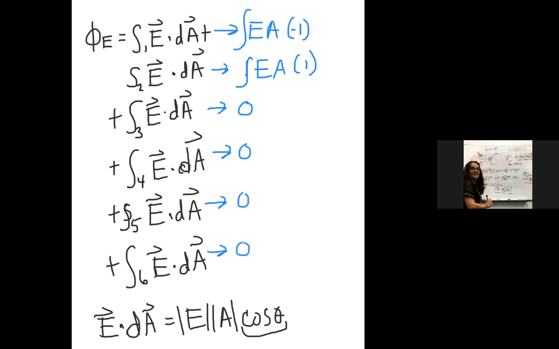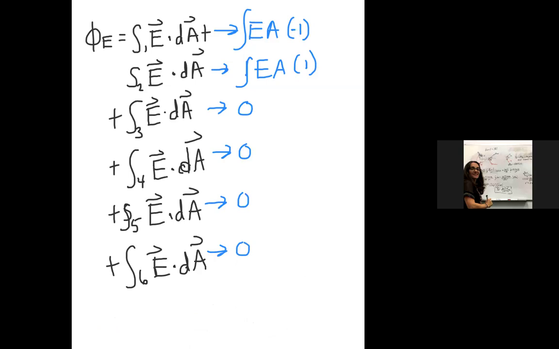So the total flux is just integral negative EA plus EA equals a big fat 0. Wait, we did all that work for this to equal 0?